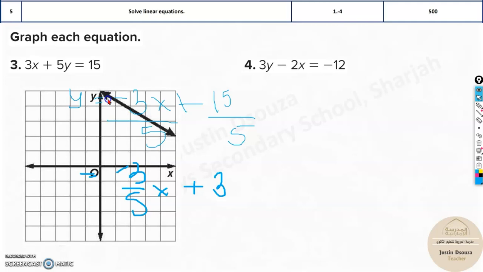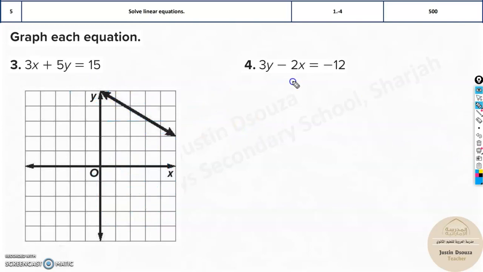No. Okay, it might be just the units. Let me count 1, 2, 3. Yes. So this is not at 3, it's at 5. This has to be 3, but I think the scale is different over here, so that's why it's up. But nonetheless, it's minus 3 by 5. It's going downwards, and the intercept would be 3 over here. So 15 divided by 5, it's 3.